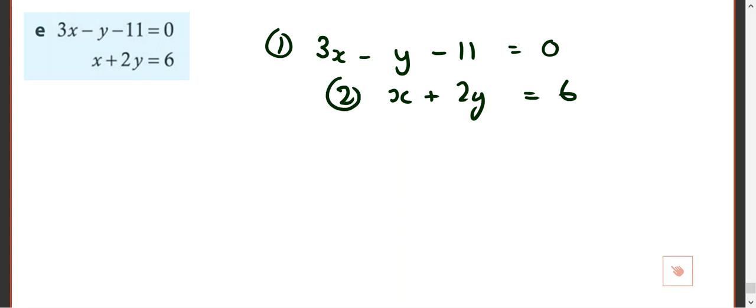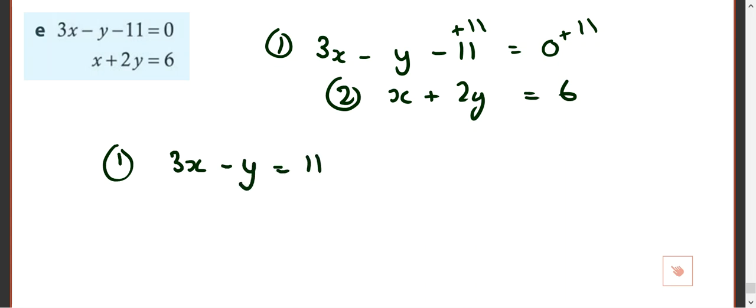So all I would do is in number 1, I would add 11 first. So my new number 1 now becomes 3x minus y equals 11. Number 2, I haven't done anything yet, is x plus 2y equals 6. Now they are in the same form.